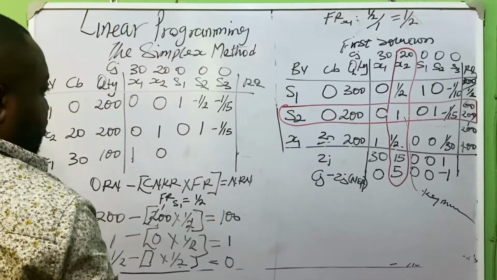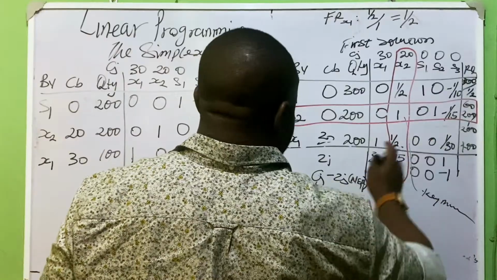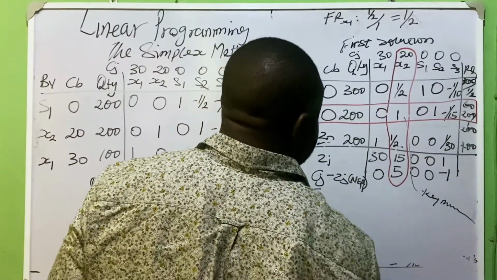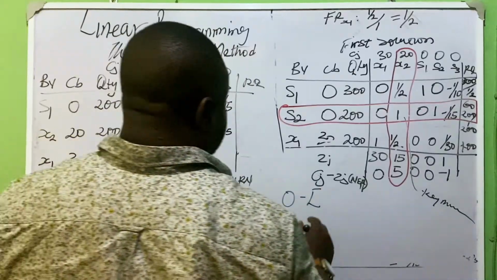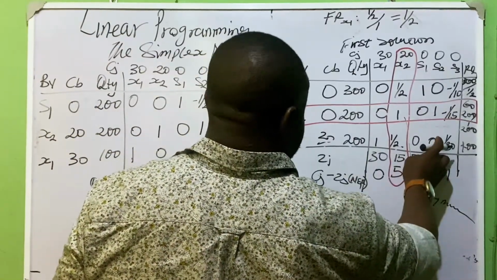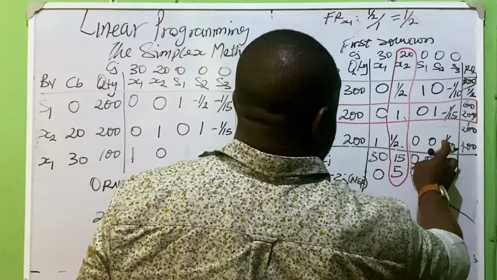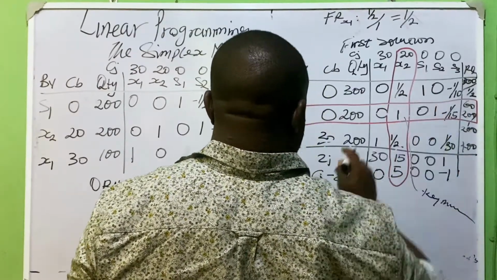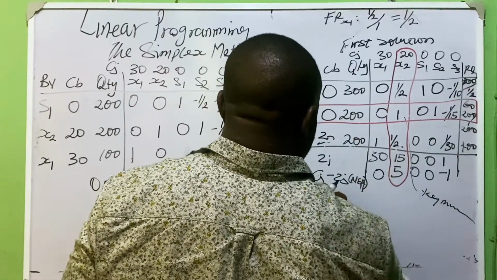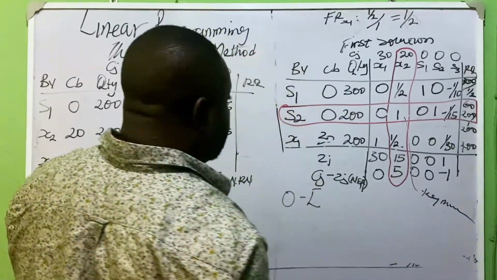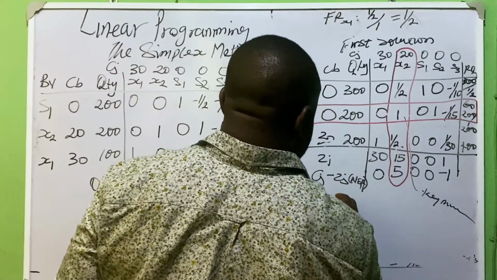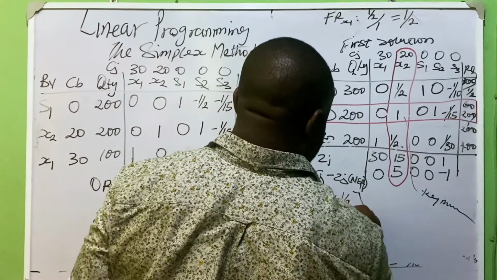Then the next will be to transform this 0. Now we have 0 minus 1 because this 0 corresponds to this 0. So we're going to transform that first. So 0, the corresponding value is 0, multiplied by 1 over 2.